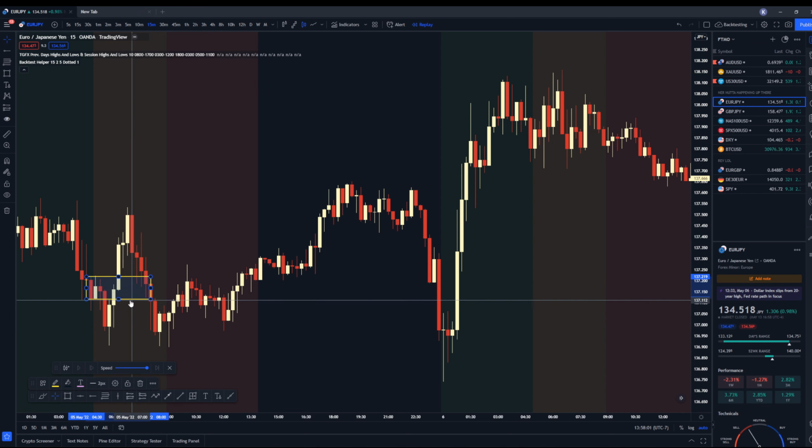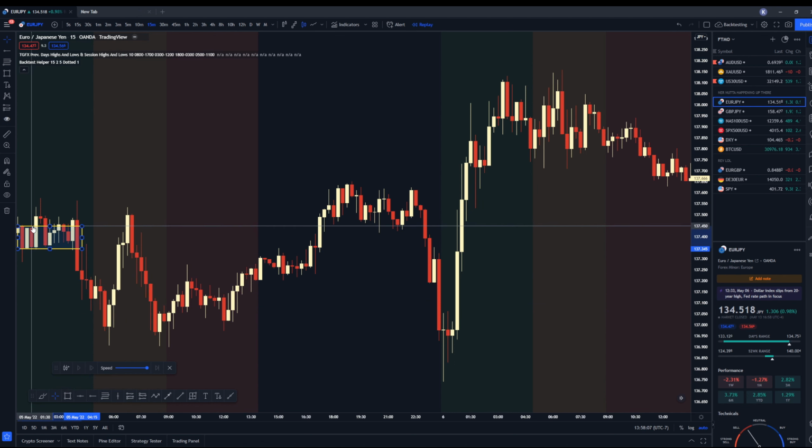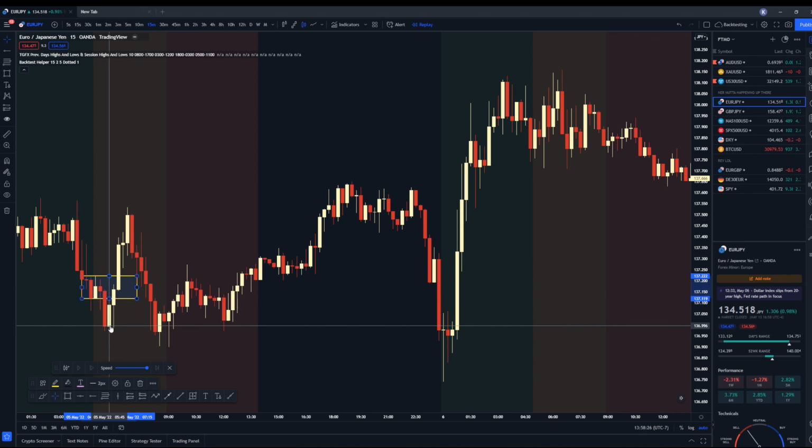Or if I was doing that in here, see this part where it's basically a hot dog, you could just take that right here, or if you wanted to, you could take the length of the opposite candles. It's up to you. I like to do the middle candle for these because usually that is kind of where price will come to. So we have this guy here, which we'll mark out, and that would be our area of supply once it breaks below.